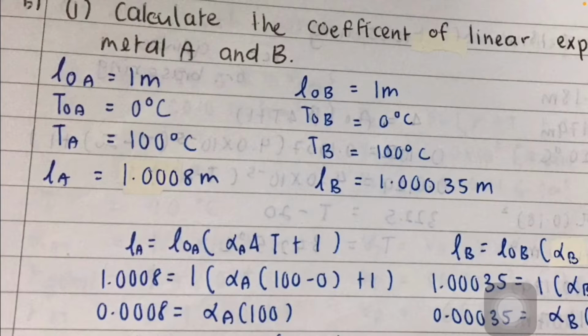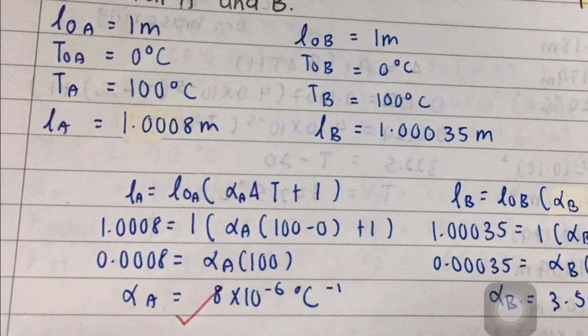So for both rods, the L naught is the same, which is 1 meter. The range of temperature is the same, so we can get 100 degrees Celsius for the change of temperature for both rods.